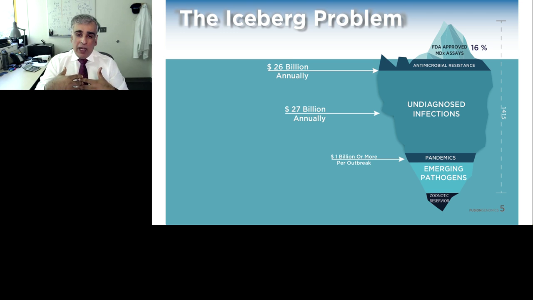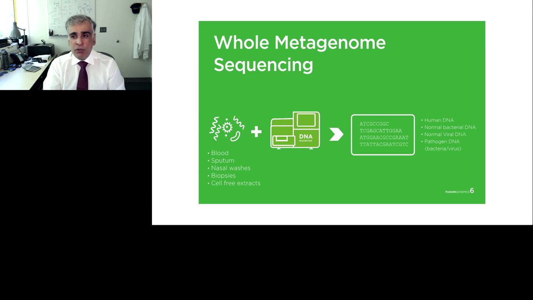The solution is a form of whole genome sequencing called whole metagenome sequencing, in which you take any biological sample and sequence all the DNA or all the RNA in that sample.